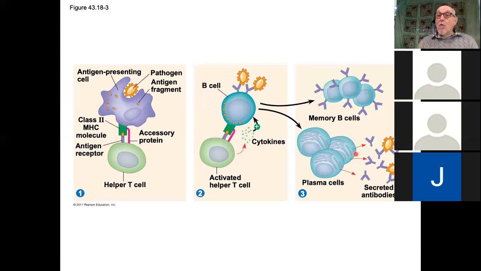And what is its specificity? It carries exactly the same specificity because all it is, is a soluble form of this receptor. And that antibody can now match that epitope on whatever it is, the pathogen, the virus, whatever, that initially initiated this whole process.